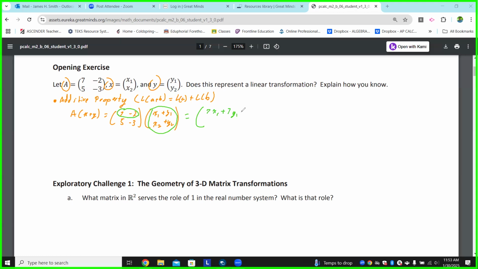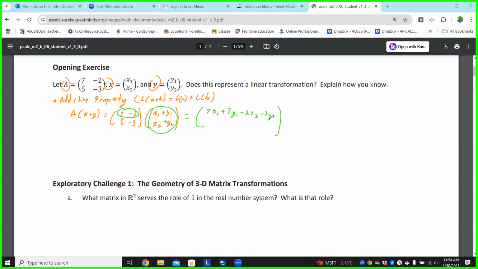And then I come over here and I have a -2 times x2 plus y2. So I'm going to go -2 times x2 would give me -2x2. Very good. And then -2 times y2. Very good. And then again, if I knew what these values were, all of this would become one single number. But we don't, so it's just written like this.